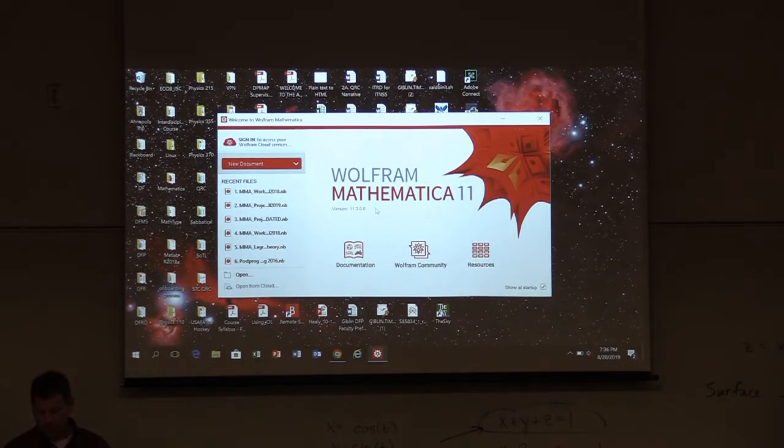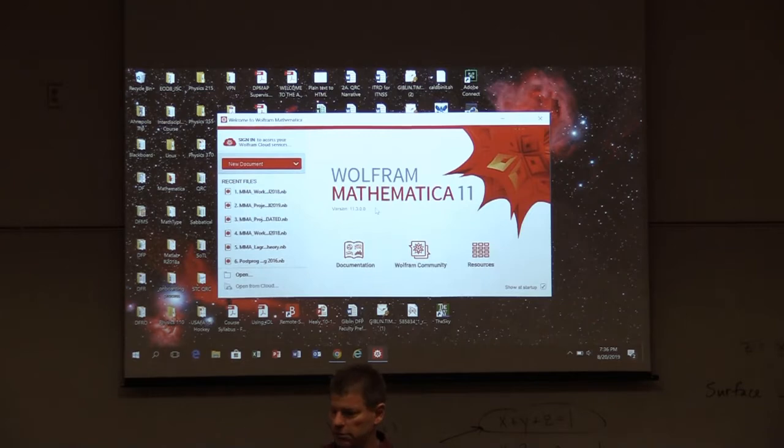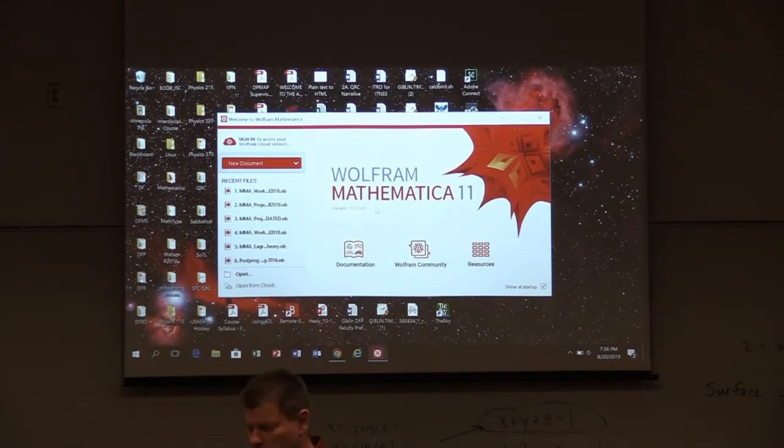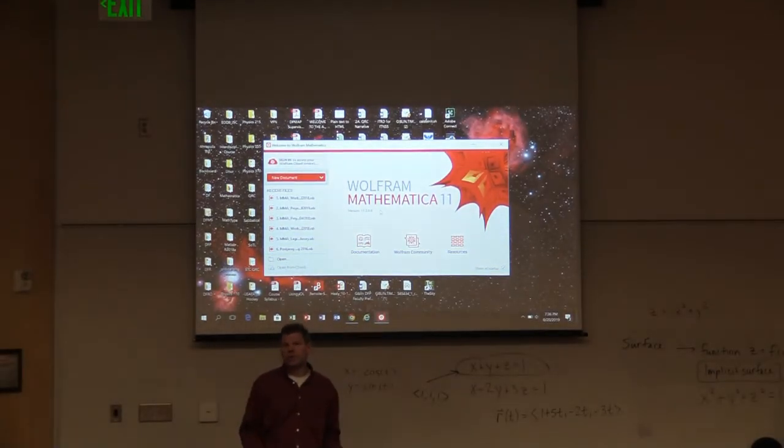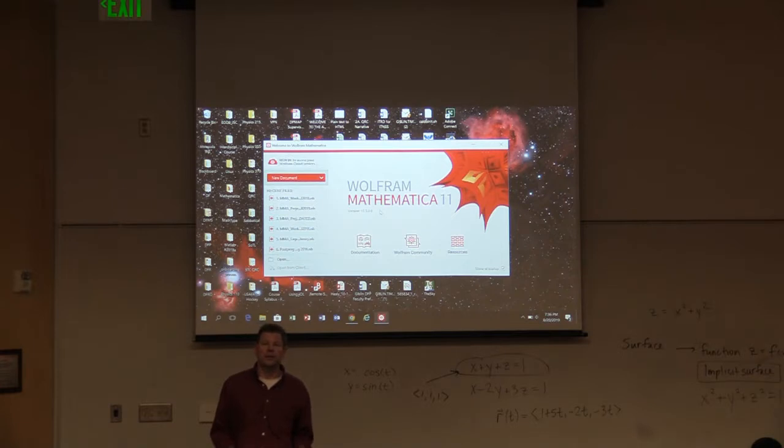So what we're going to do now is open up a new notebook file. Mathematica is a Windows application. It's like opening Microsoft Word or Microsoft Excel. Whenever you open it up, you see the basic functions. You can open a file, you can save a file, that kind of thing.